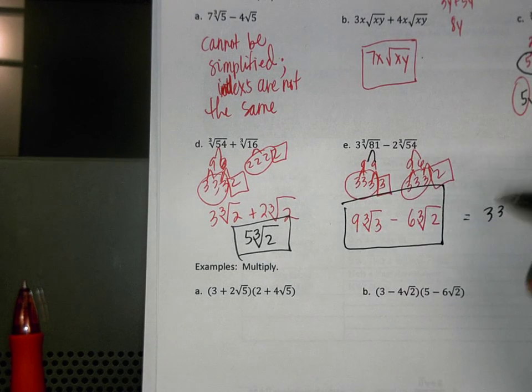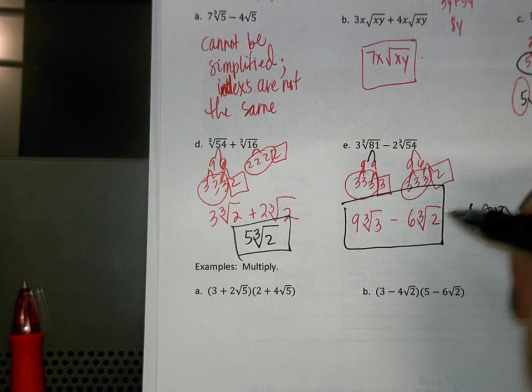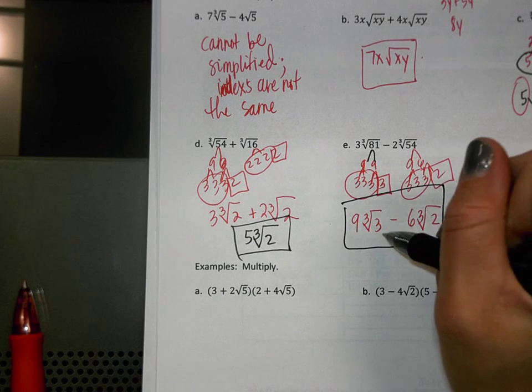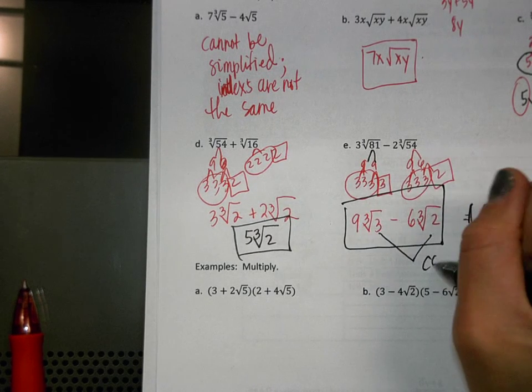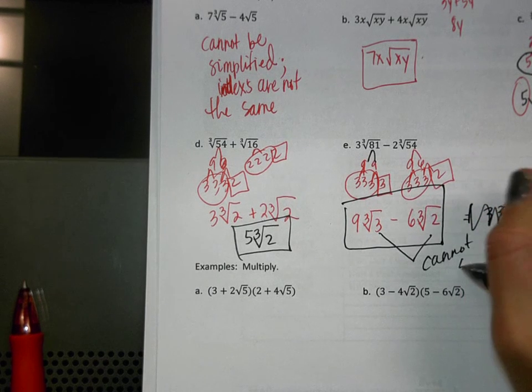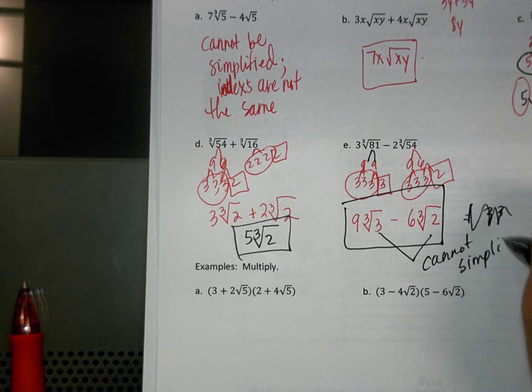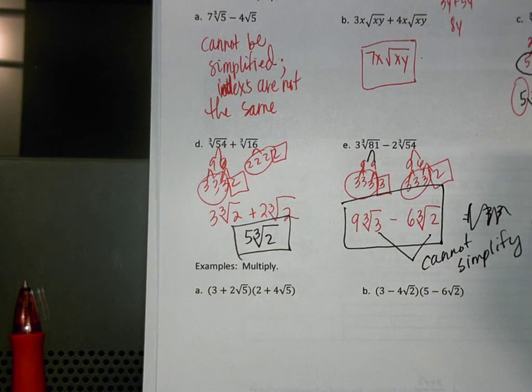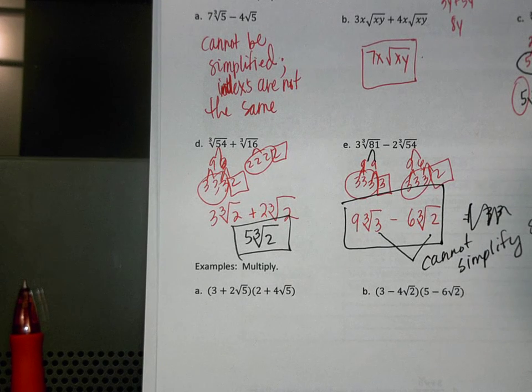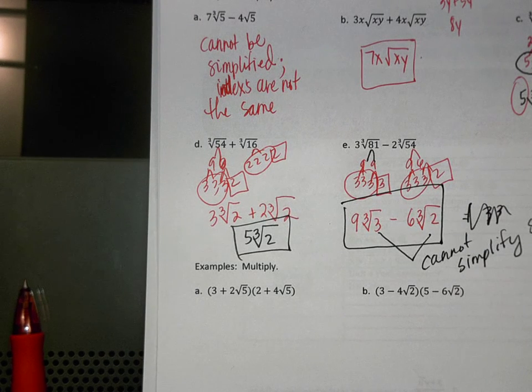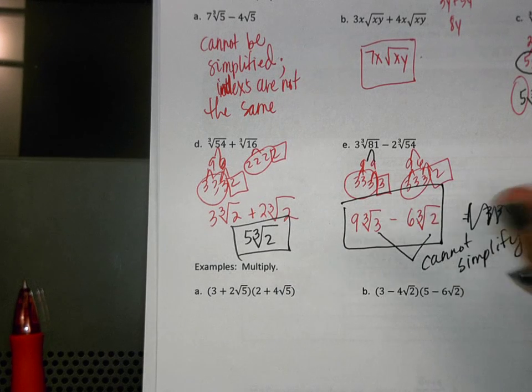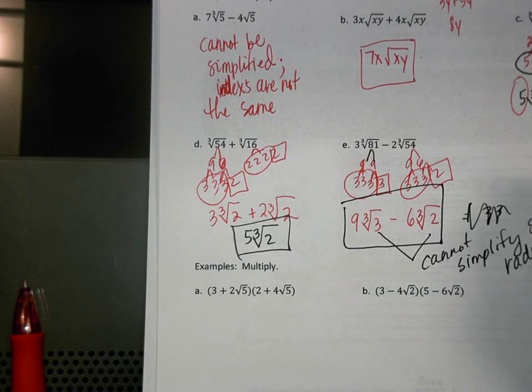Good job. And in fact, we're going to make a note here that we cannot simplify since the, and do you guys remember the name for the number inside? Radicand, I think. How is that we say it? Radicand is different.